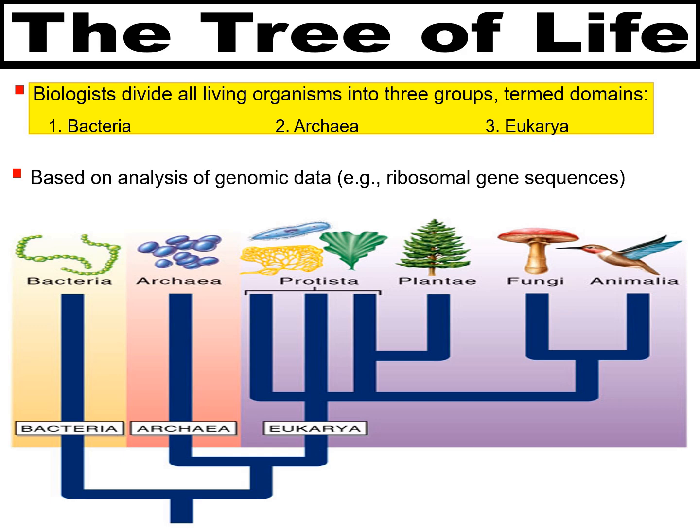Bacteria, archaea, and eukarya are the three domains depicted on the tree of life. Organisms are grouped based on the similarity or non-similarity of their ribosomal RNA gene sequences. Since archaea and eukarya have more ribosomal RNA gene sequences in common, archaea and eukarya are shown closer together on the tree of life.